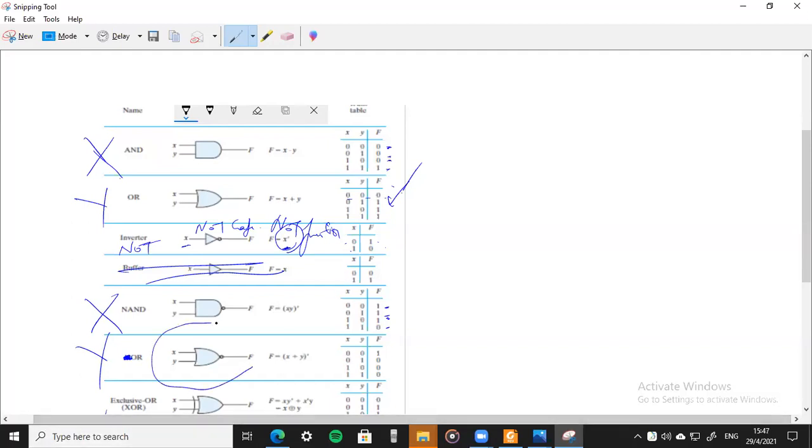The symbols, you need to know these symbols, because you're either given a circuit with only symbols like this, and you're asked what is the output. A, B, you have two inputs.